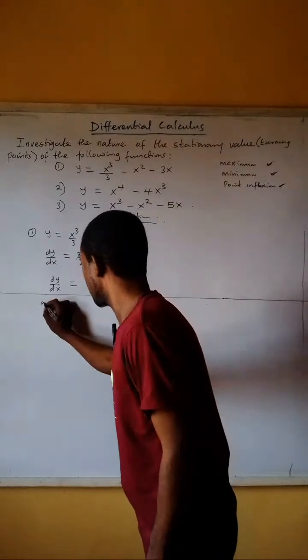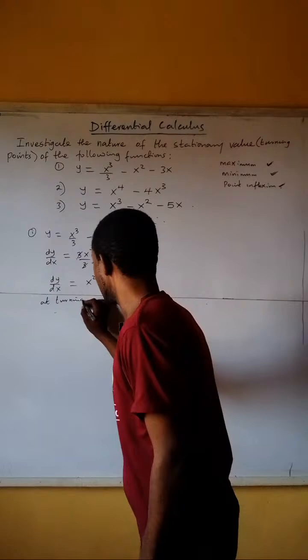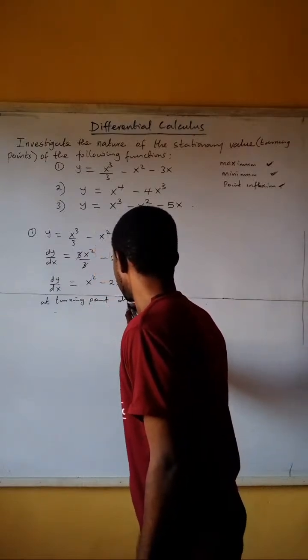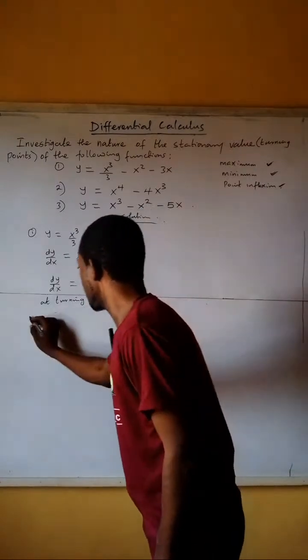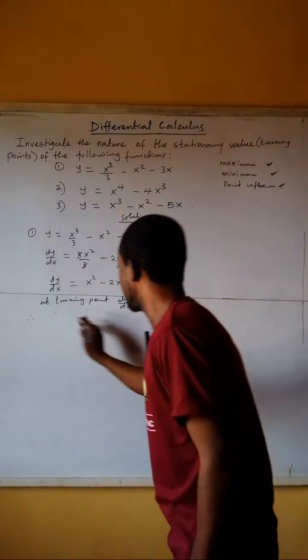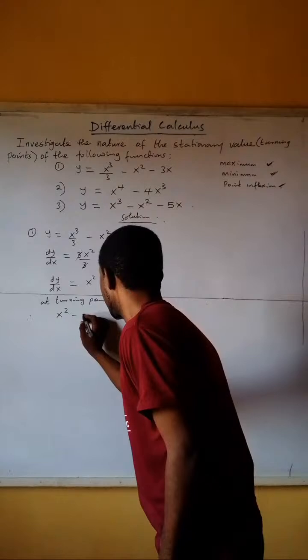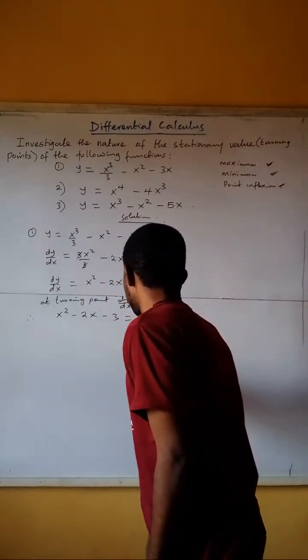Then at a turning point, this will be equal to 0. So at a turning point or stationary point, we have dy/dx equals 0. Therefore, we equate that to 0, and that means we have x² minus 2x minus 3 equals 0.